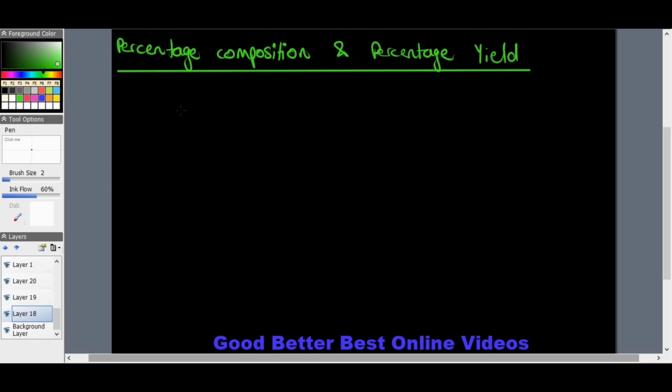Now, there's two things that we need to have a look at first. One, there are terms such as empirical formula versus molecular formula. Up until now, what we have learnt and what we know is molecular formula.